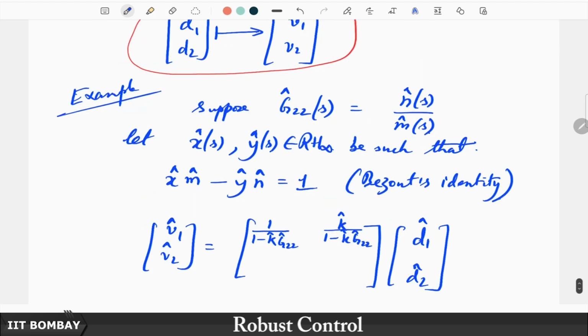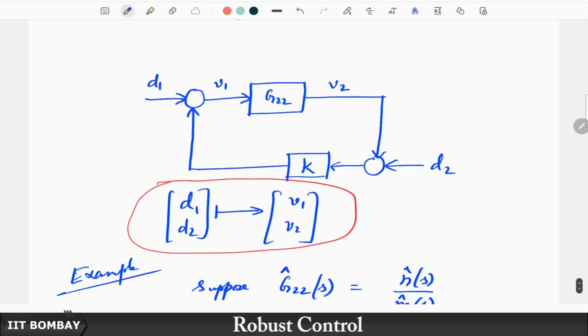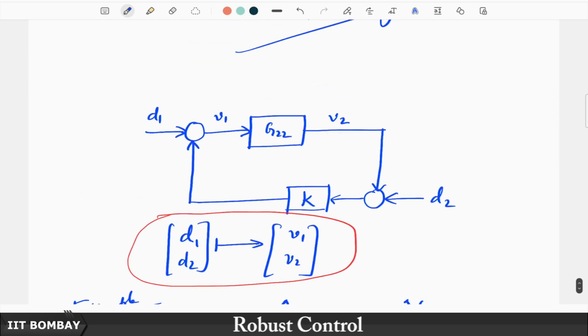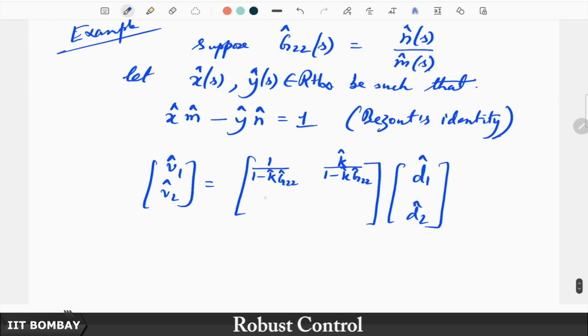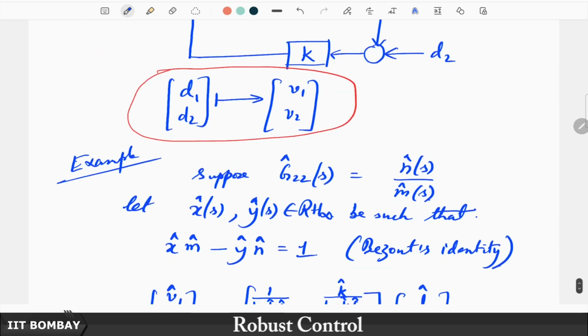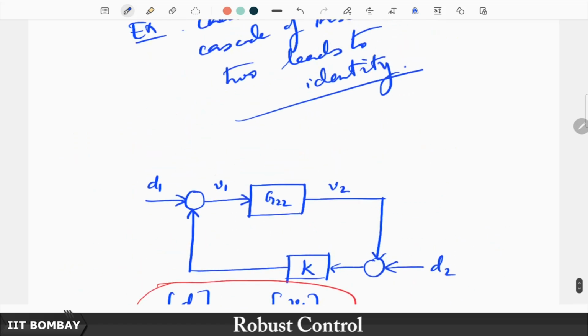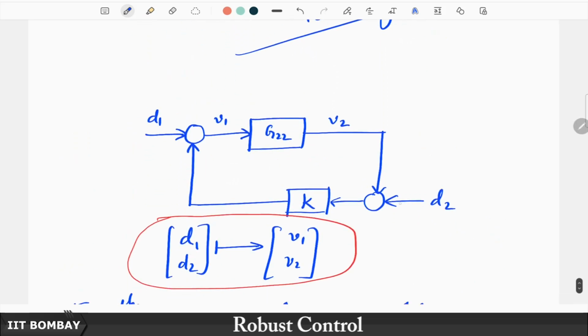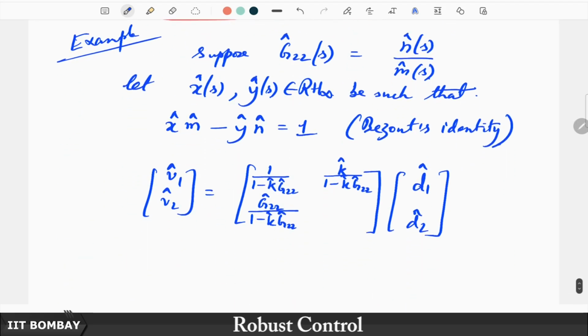Now, similarly, if you want to find out from d1 to v2, in the forward path you have g22. This is g22 hat upon 1 minus k hat g22 hat, and similarly from d2 to v2, you have k g22.